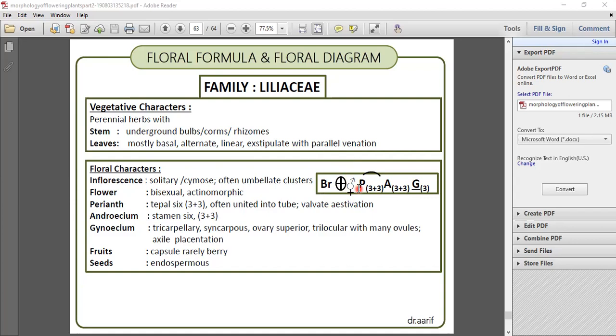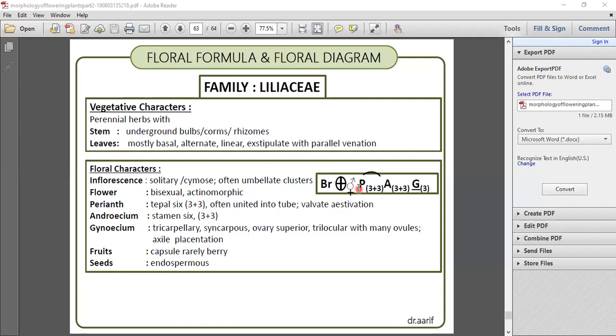So what does it say? What do you understand by perianth? Try, no problem if you are wrong. What is perianth, class? What is the meaning of the word perianth? Class?